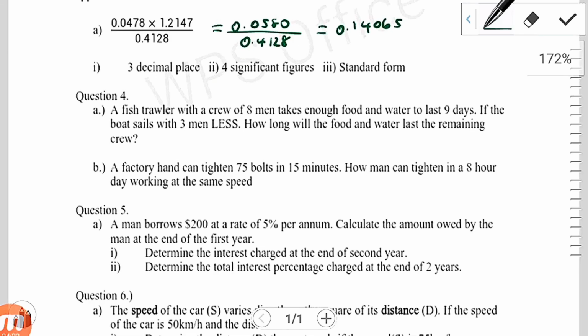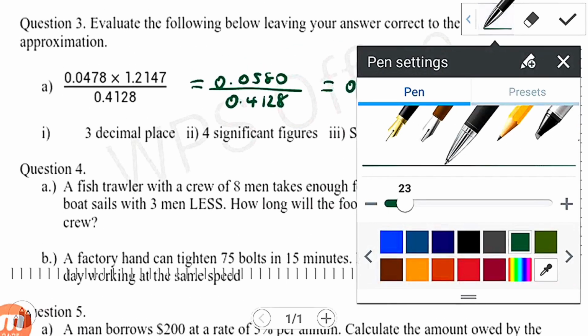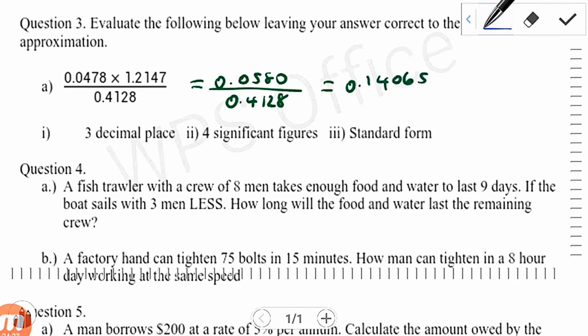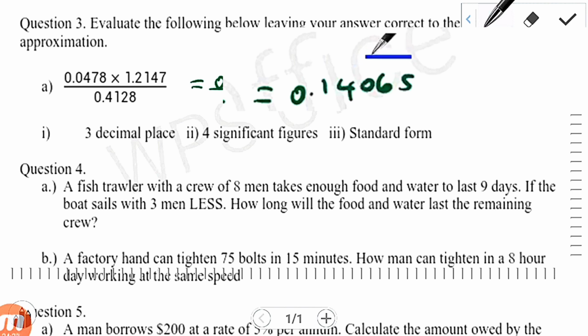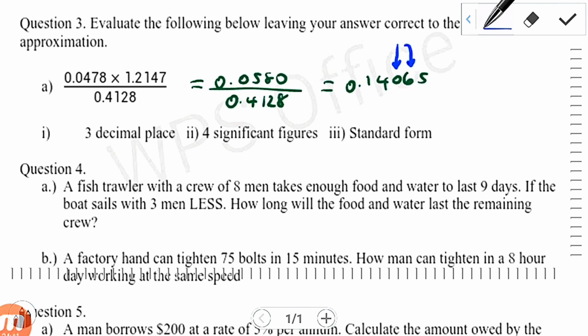Now I need this to go to 3 decimal places. I would have to identify where my third decimal place is, and you can see that the 0 here holds my third decimal position. So then I will check the digit that comes after, which in this case is 6.